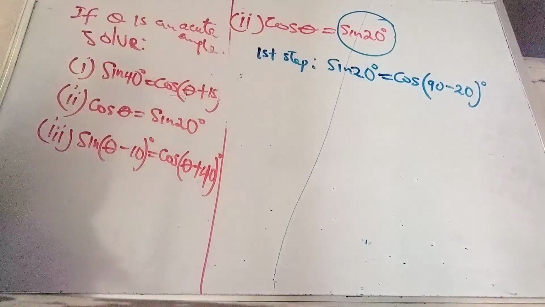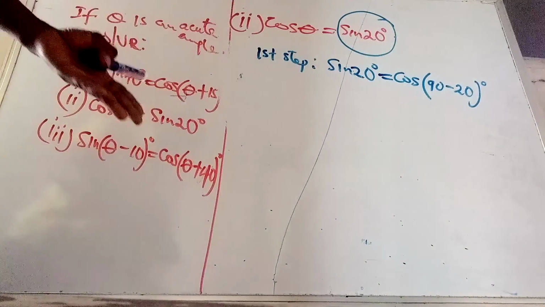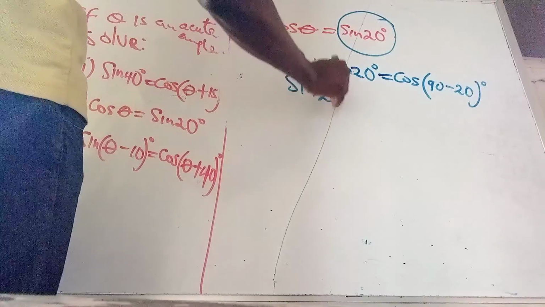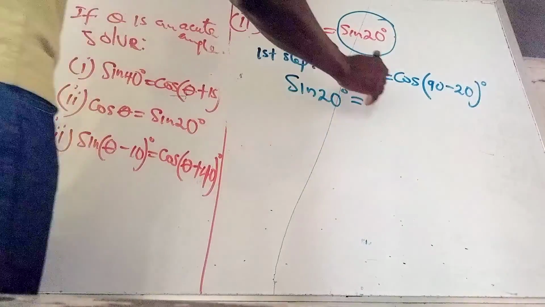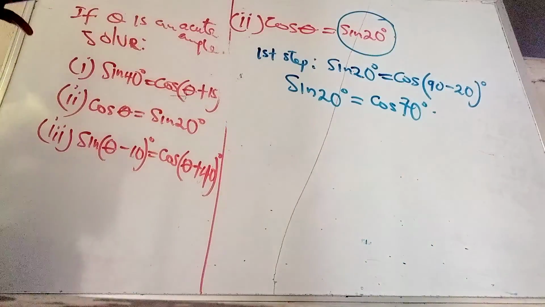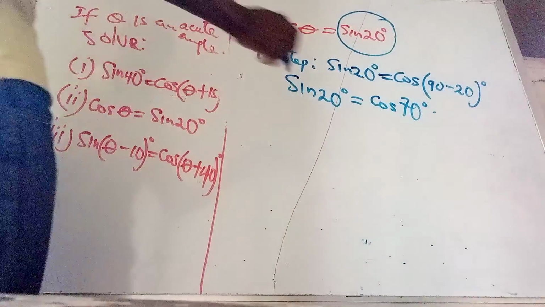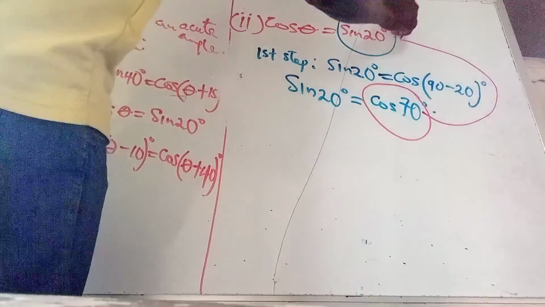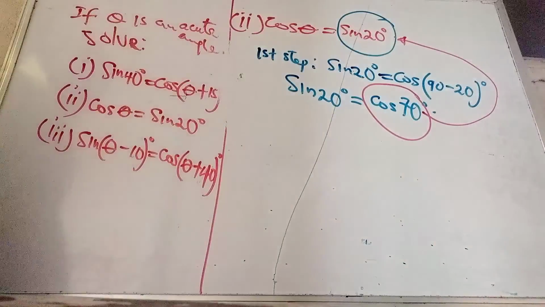And don't forget, complementary angles are two angles added to give 90. So that means I have sine of 20 degrees equals cosine of 70 degrees, meaning that I am going to use cosine of 70 degrees to replace sine of 20 in the original question.